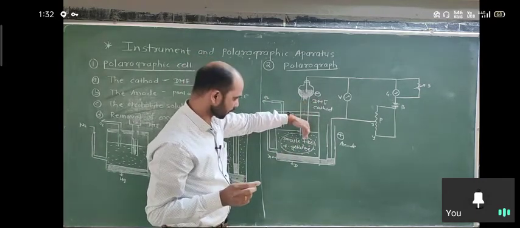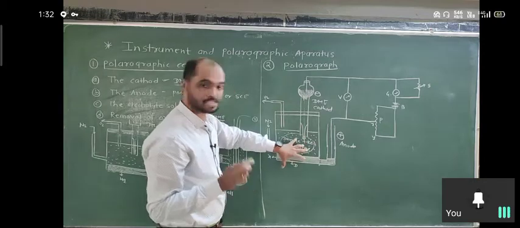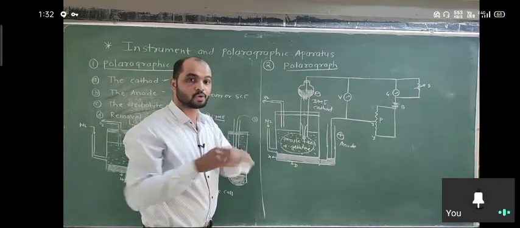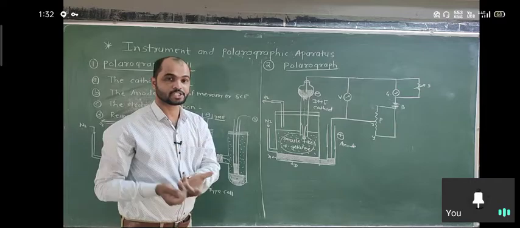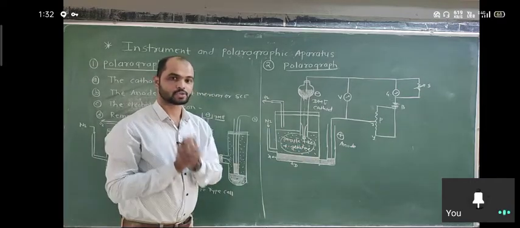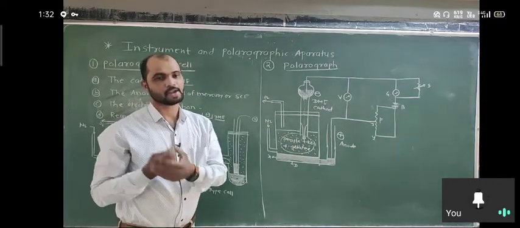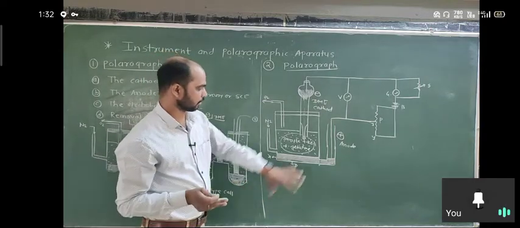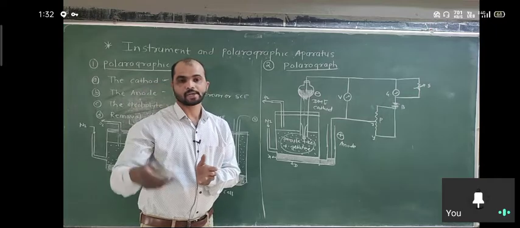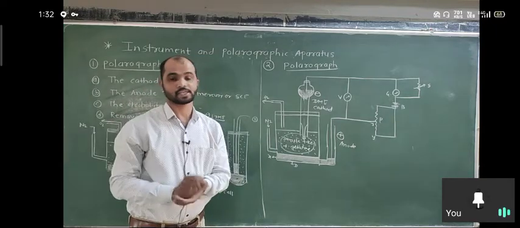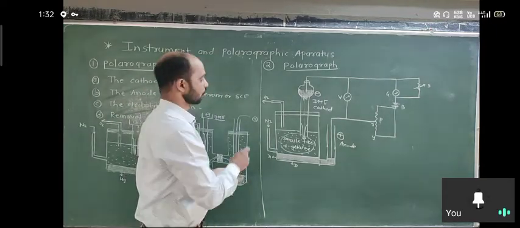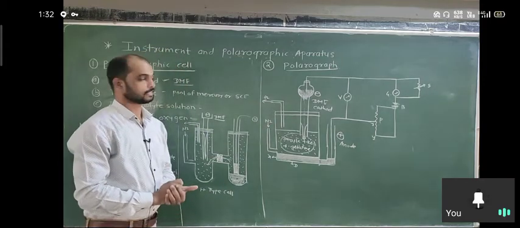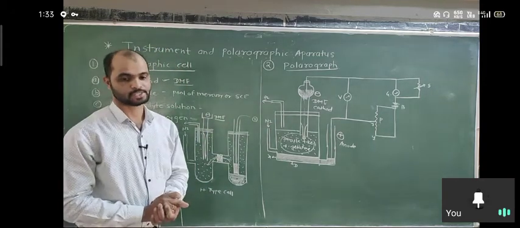This negative charge interacts with the sample, so the sample undergoes reduction because electrons are provided. Any metal present in ionic form undergoes reduction. Once it undergoes reduction, the metal ion converts into solid. What is reduction? Gain of electrons. We are going to discuss in detail how the polarograph functions.